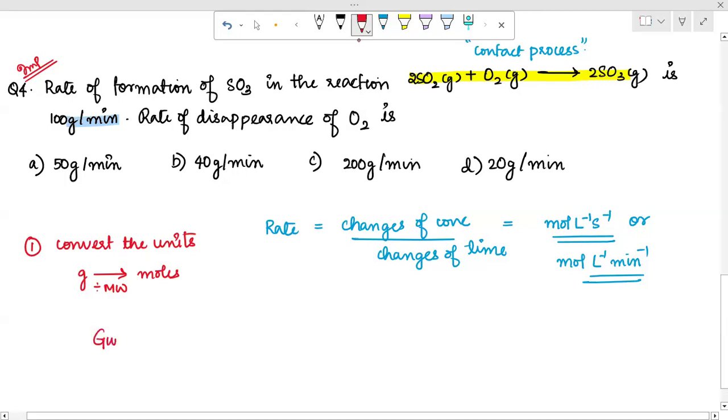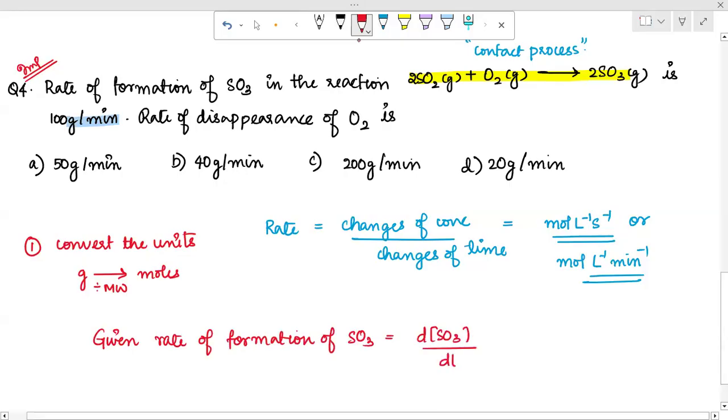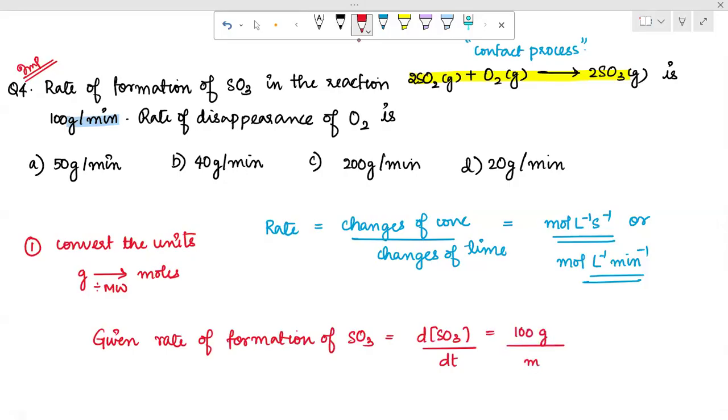What is given? It's given that rate of formation of SO3. Now, what is the expression of rate of formation of SO3? In rate of formation or rate of product formation, you do not consider the stoichiometric coefficient. So it is just plus dSO3 by dt, right? And this is equal to 100 grams per minute.